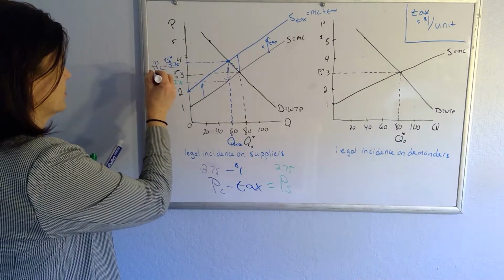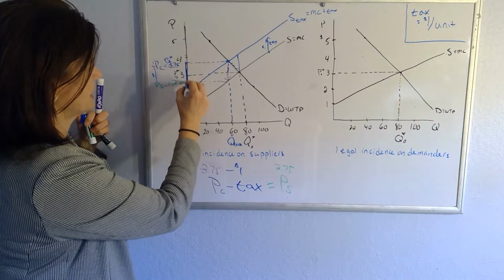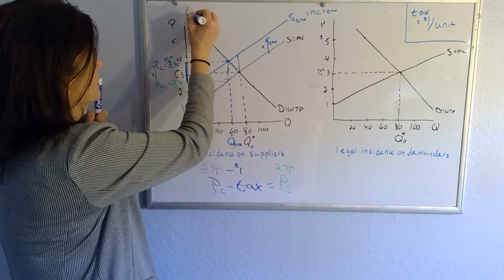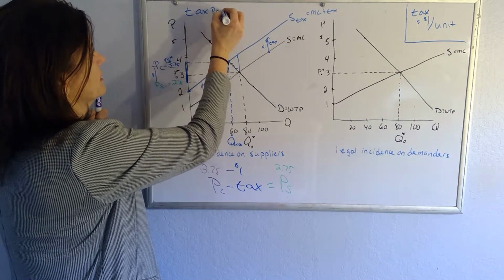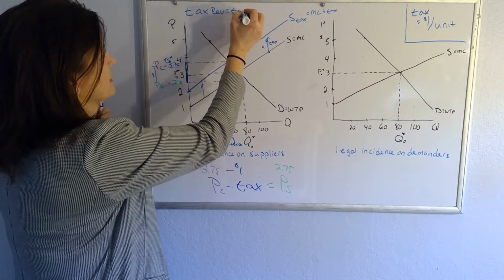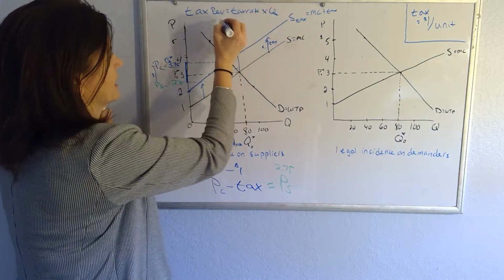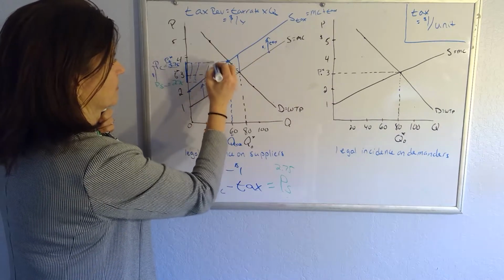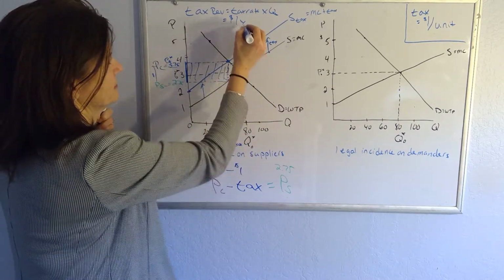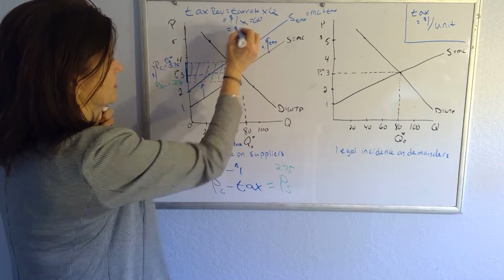And so you can see the total tax revenue to the government is that dollar tax per unit. So the tax revenue is the tax rate times the quantity that's sold after the tax. So it's a $1 tax per unit over all those 60 units, or $60.